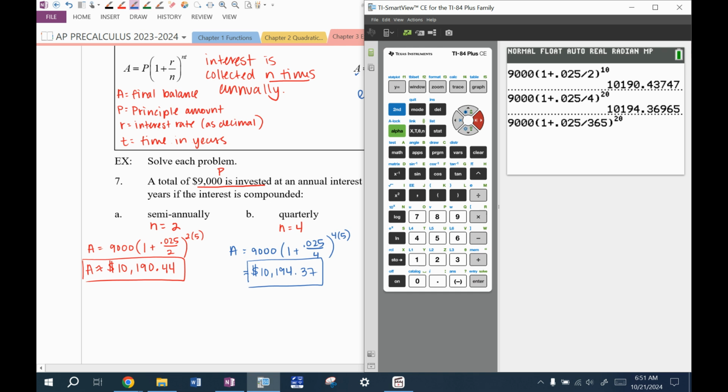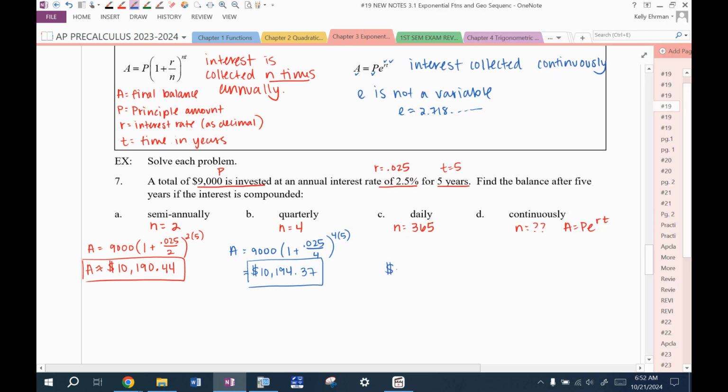I do not know what 365 times 5 is off the top of my head, but I can just do that math in here. If your calculator does not show you this math type, then you need to make sure that you put parentheses around your exponent. Like if you see the caret here still, then you need to have parentheses around the exponent. 10,198.29. Oops, yeah, 0.29.